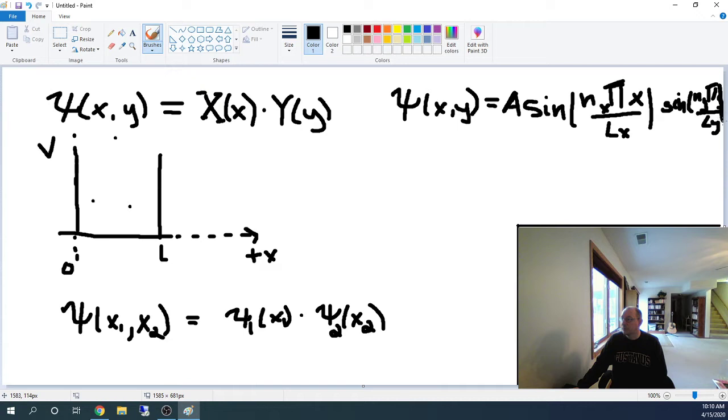Imagine there's a closed parenthesis there. And then the energy depends on n sub x and n sub y. So this is an eigenvalue problem, and these are the eigenfunctions. These are the particular functions at work.